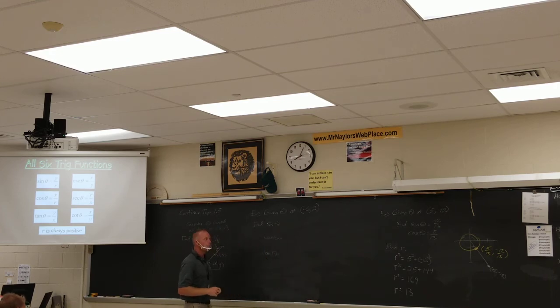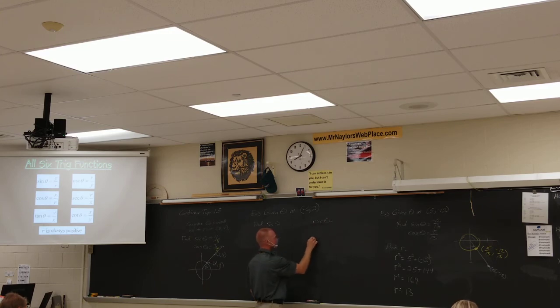I'm really going to end up writing out these 6 functions, and you get to know them as you write them out. So I want to find the sine, the cosine, the tangent, and then we slide over here to the reciprocals: cosecant, secant, cotangent.